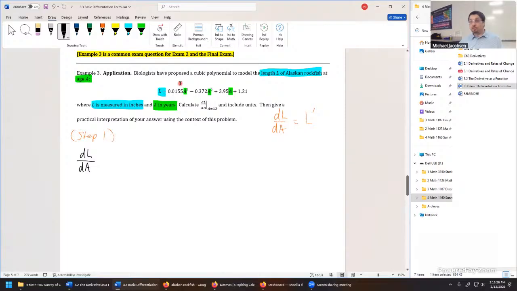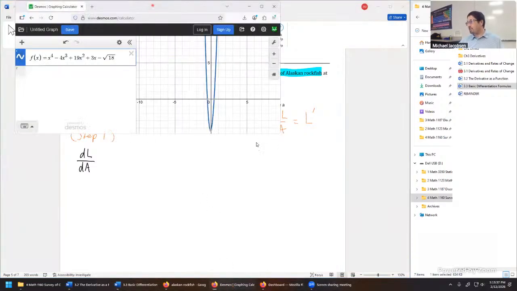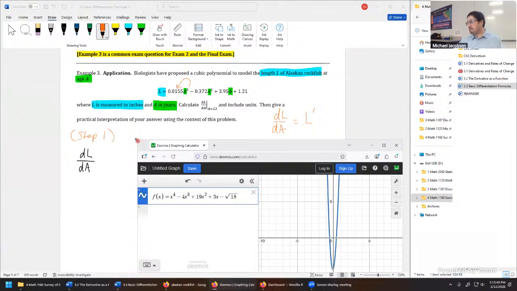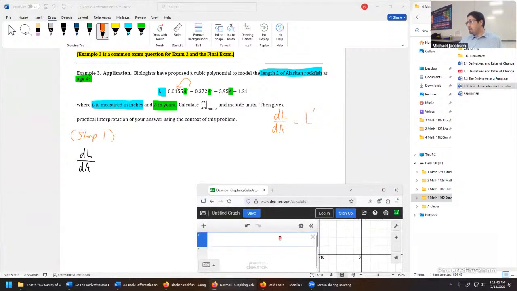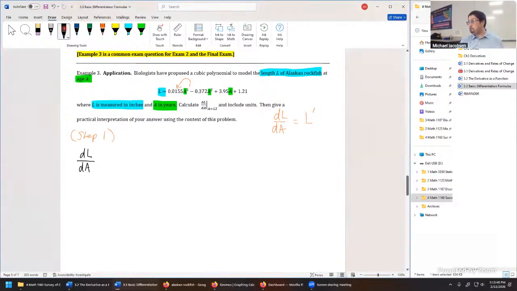But now that we're there, we're not doing anything too fancy. This is just the power rule. Power A comes down, multiplies the 0.0155. We're going to need a calculator here. So take 0.0155 times 3, 0.0465. And we now have A to the power 2.